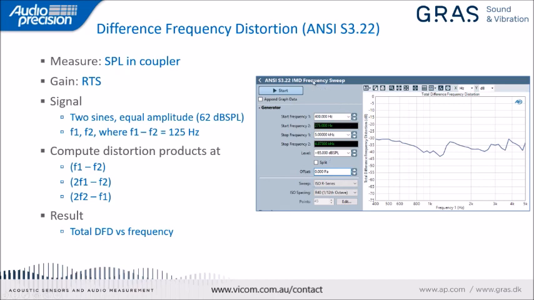So as you can see here, we have a measurement called ANSI S3.22 IMD frequency sweep, and this is a brand new measurement that we've just added to the APx software as of version 6.0.1, which is the latest version currently available on our website.